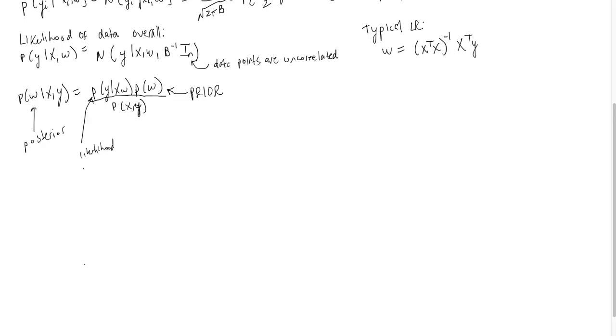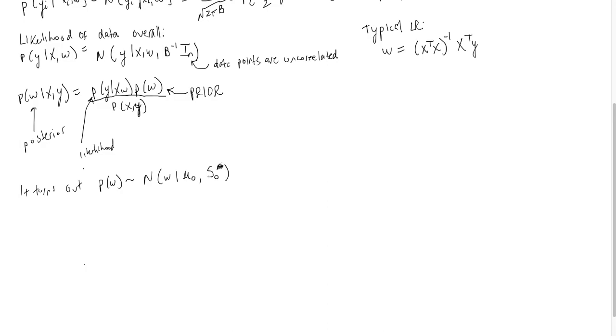All right, so it turns out that we often encode p(w) as a normal distribution in and of itself. A common choice is that p(w) will be normally distributed with some initial mean and some initial covariance matrix.